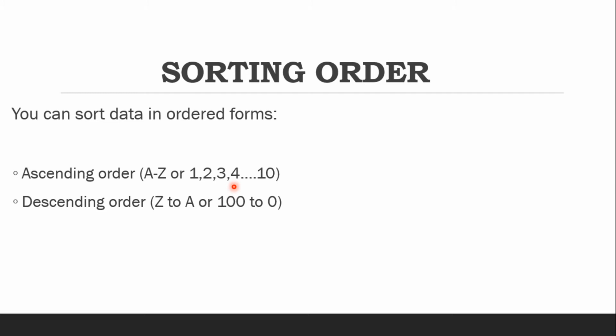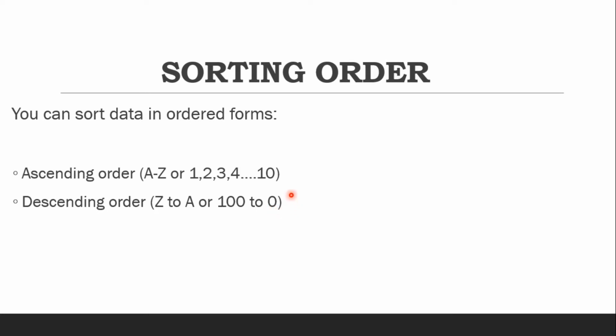While descending order, you're starting from the end to the beginning. No wonder the example of descending order is from Z to A, or from 100 to 0. It could even be from 1000 to 0. Okay, so that is how the ordering form works.